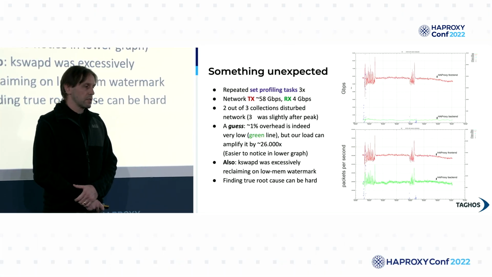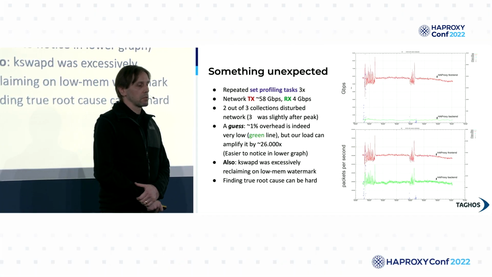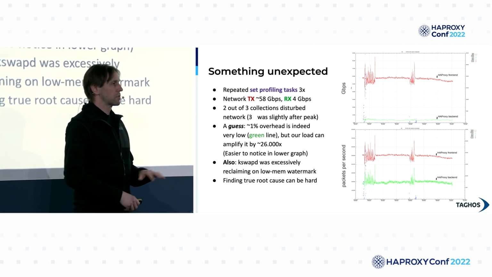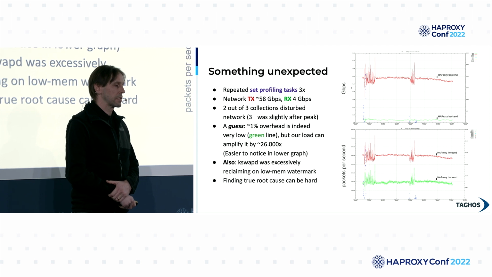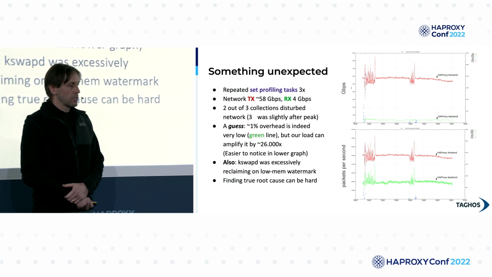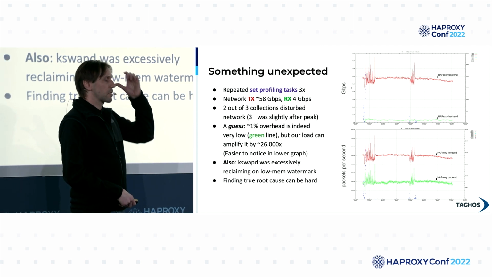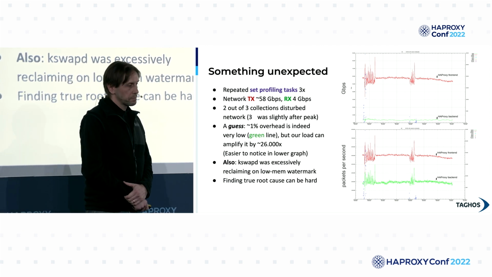The network interface was operating high, but not too high: 58 gigabits per second in transmission, which means mostly HAProxy front end, and receiving about 4 gigabits per second, which is pretty much HAProxy backend.